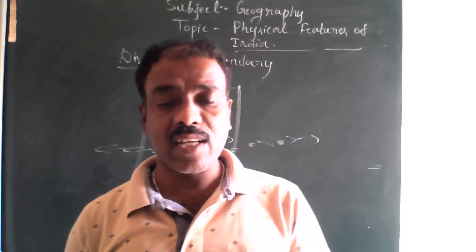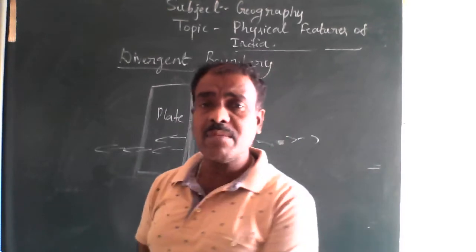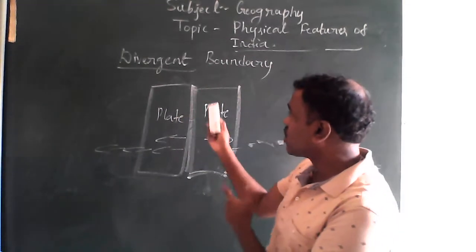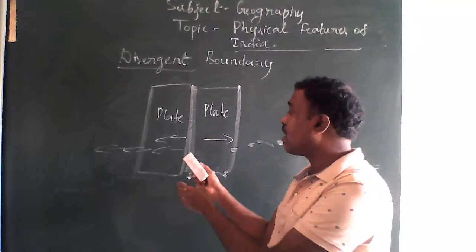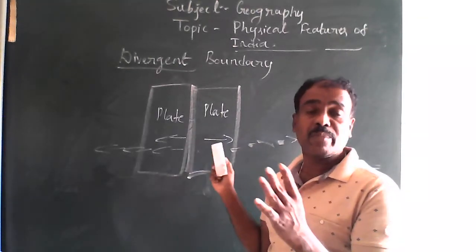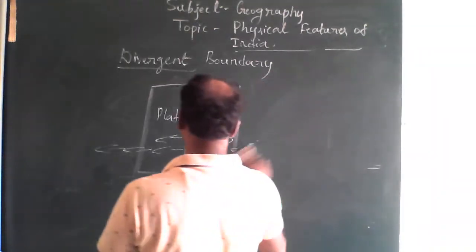So that creates the divergent boundary. Then sometimes, students, this is called a divergent boundary, when some plates move away from each other.